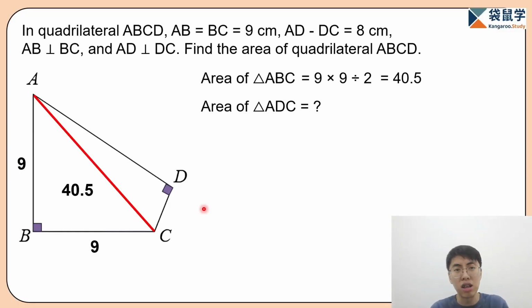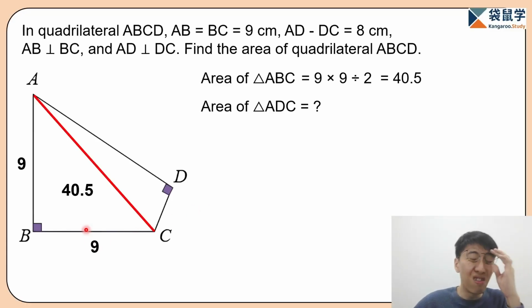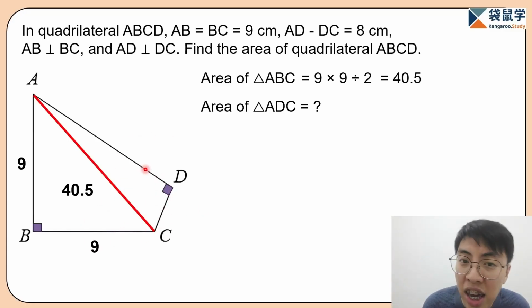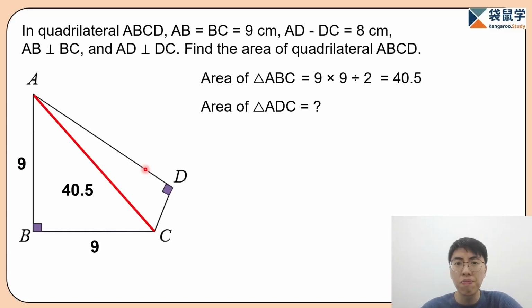Now we think again. If that is the case, then what do we do now? If I really need one of those sides to be able to find the area of the triangle, what else can we do? I think we are familiar with this also. If I really need a value but I do not have it, I can first represent it using a variable. And what variable can I put?